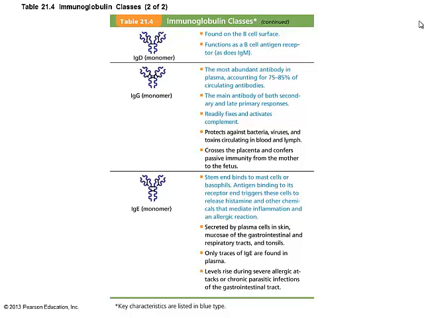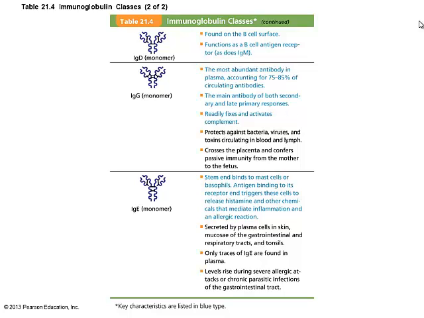IgD is another monomer found on the surface of B cells. So IgD type antibodies or immunoglobulins are what we see on the surface of B cells that come in contact with antigens that activate B cells. So they're not free in the plasma. They're usually just on the B cells, binding to the B cell.